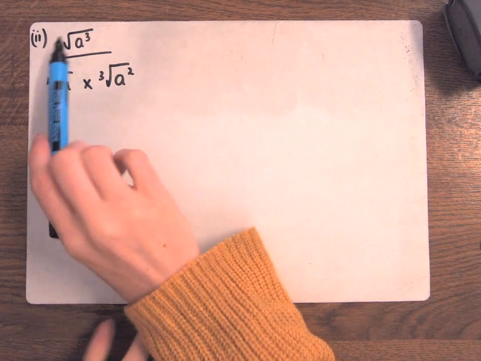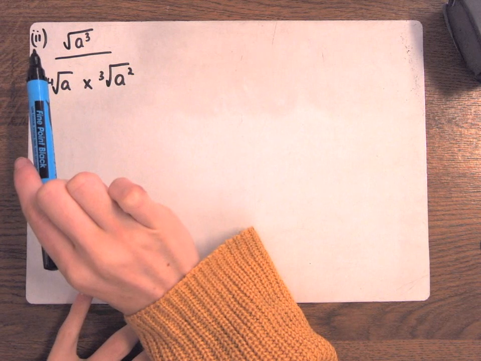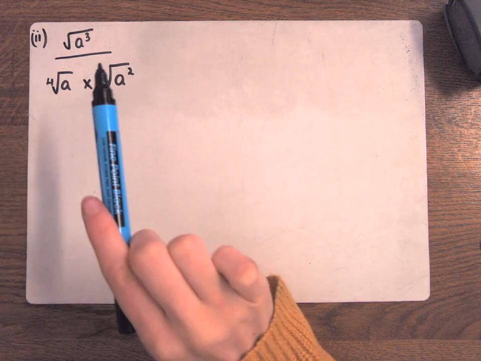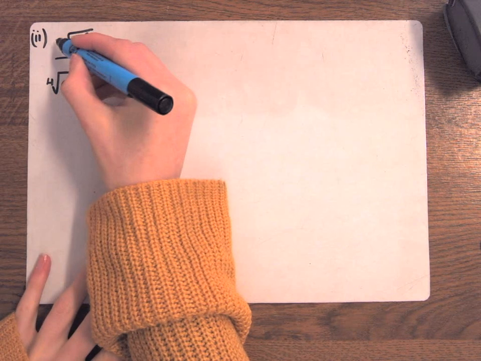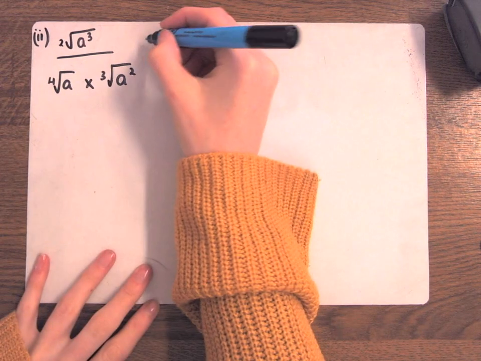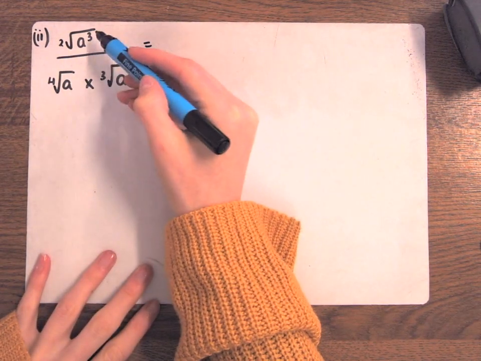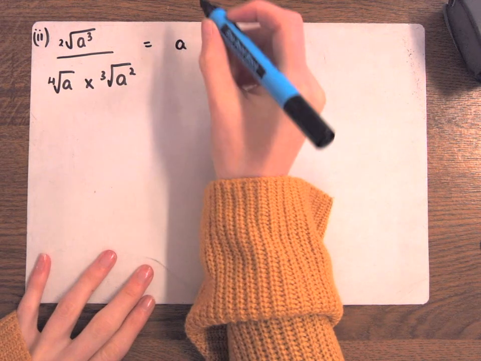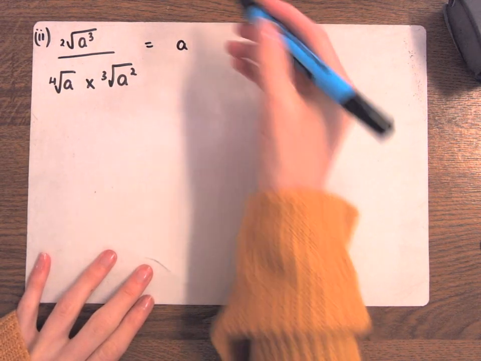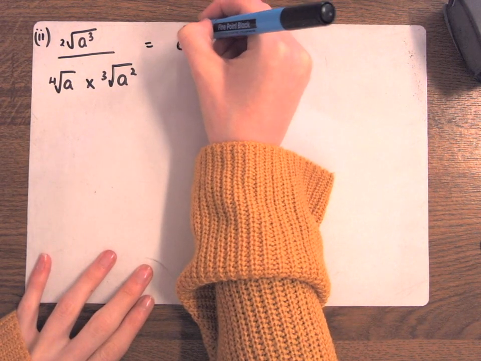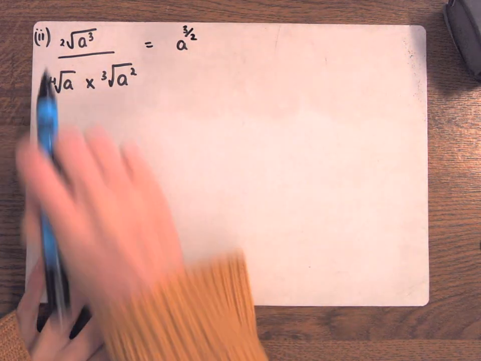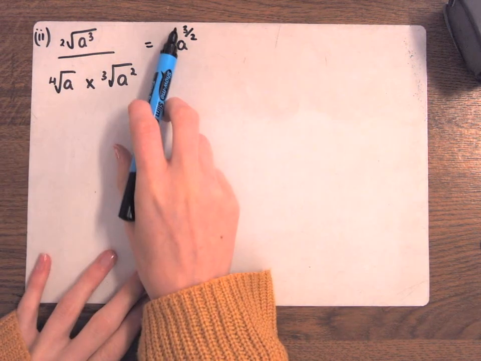Okay, so how do we change square root? What's it to the power of? A half. Excellent. So really that's a 2 out there, isn't it? Now, we have a 3 in here. Bottom number, outside, top number, inside. So the top of the fraction is the one that's inside, and the bottom of the fraction is the one that's outside. So that's actually a to the power of 3 over 2.